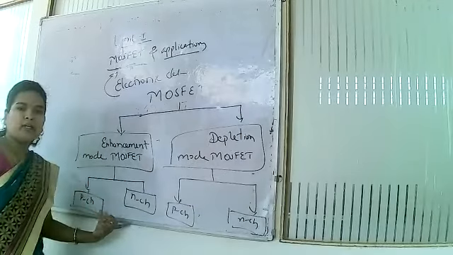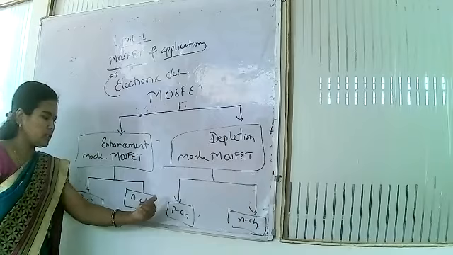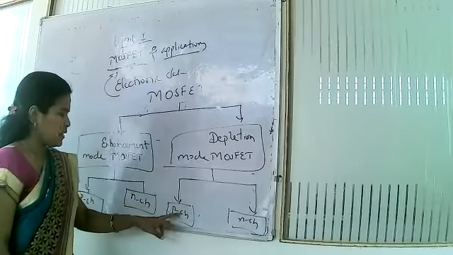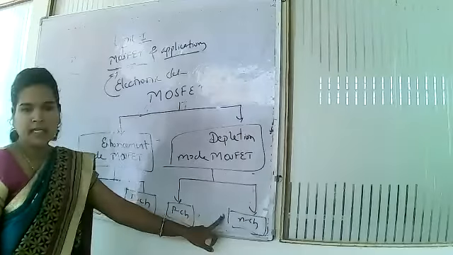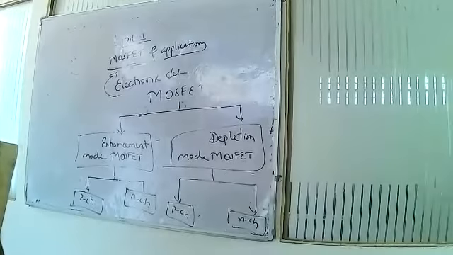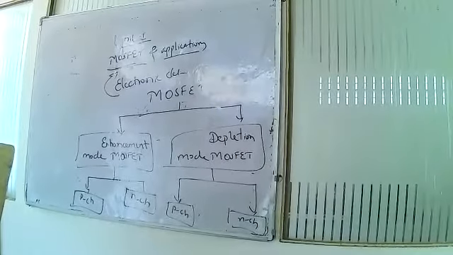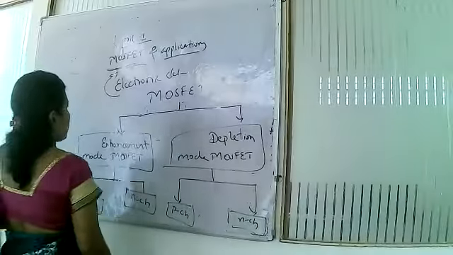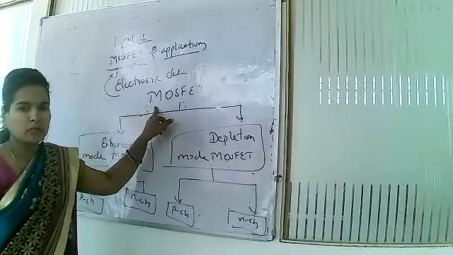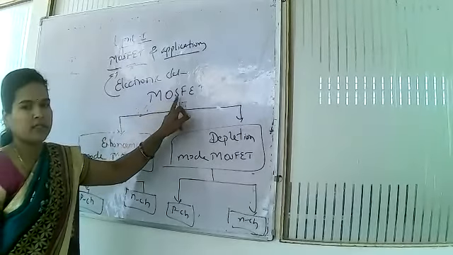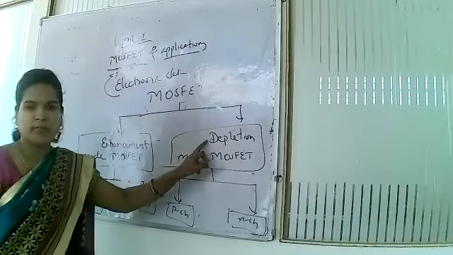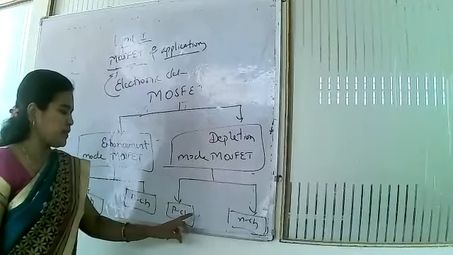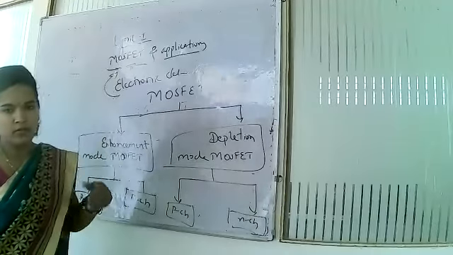In each, you have again two types, P channel and N channel MOSFET. Any doubt here? Are you understanding? So what I told you now: MOSFET, metal oxide semiconductor field effect transistor; classification of the MOSFET, enhancement and depletion, P channel, N channel.